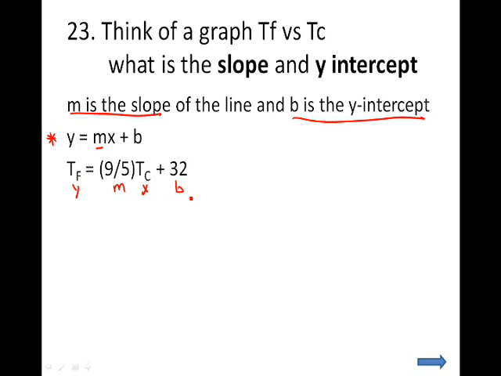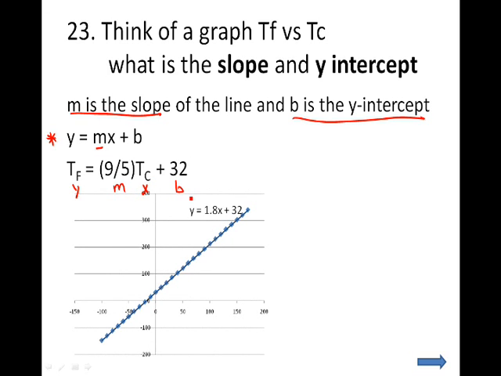So if we make a graph with temperature Celsius on the x-axis and Fahrenheit on the y-axis, we see something like this. And I just went into Excel.